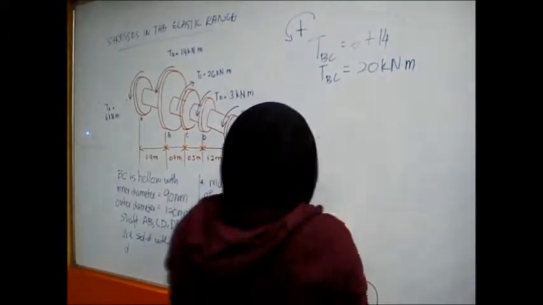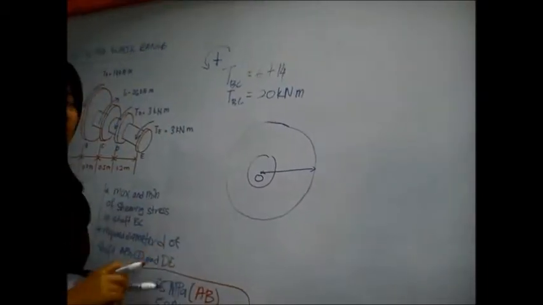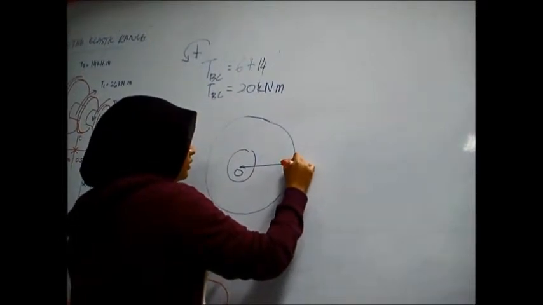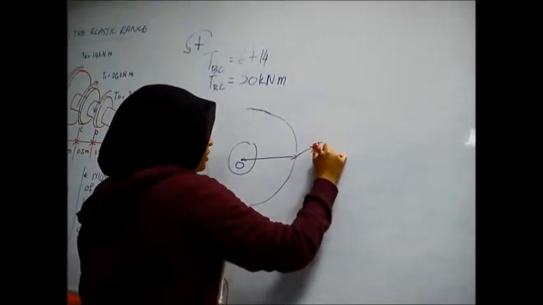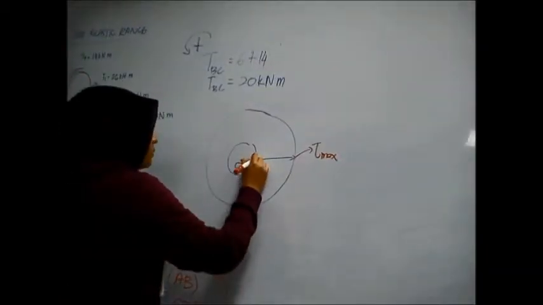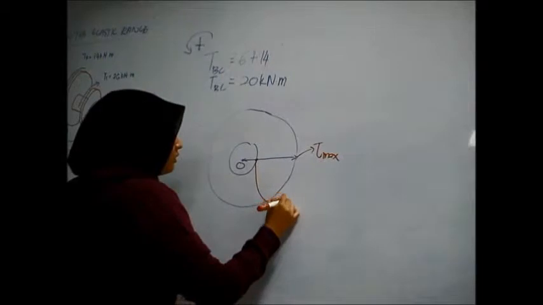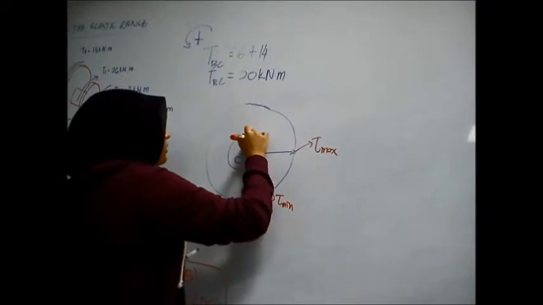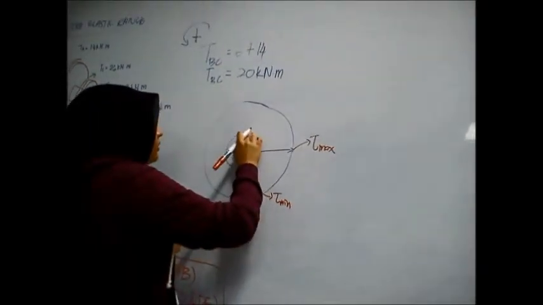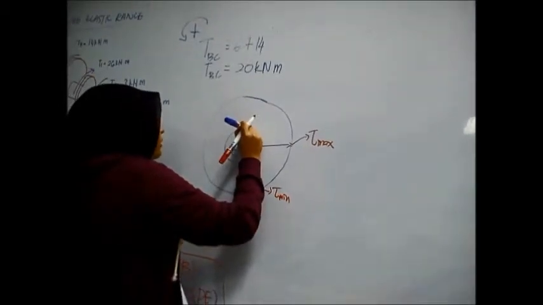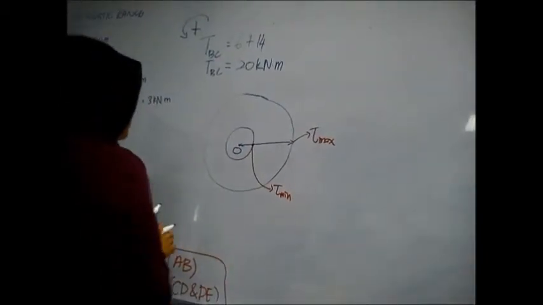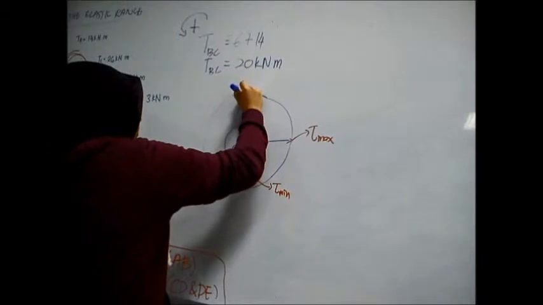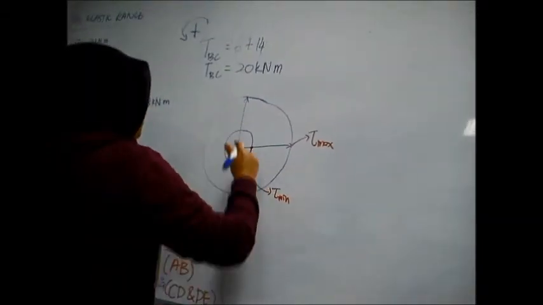kilonewton meter. It is a hollow shaft, so at this point will be the maximum shear, and at this point will be the minimum shear.